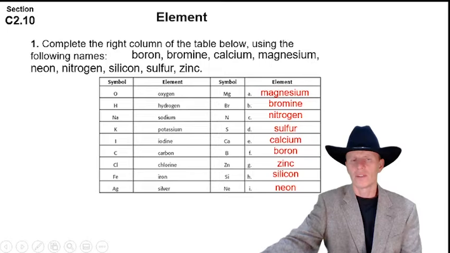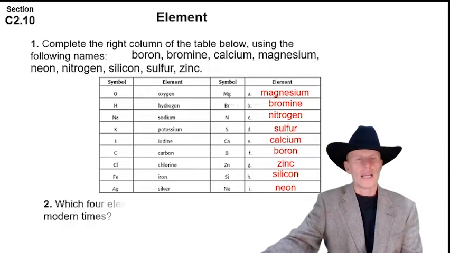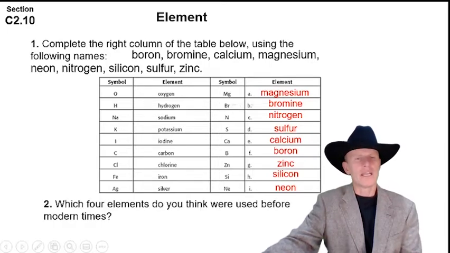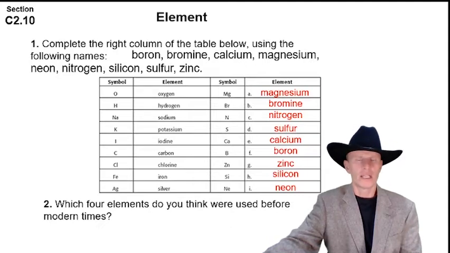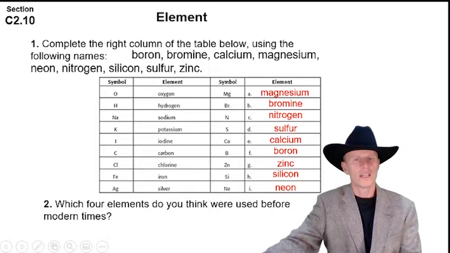Notice the first letter is capitalized. Looking at the other side, we can answer which four were used before modern times. Before modern times, they used the Latin names. So look down your list on the left-hand side for the symbols that don't choose the first letter of the English name. Sodium starts with S and its symbol is Na.